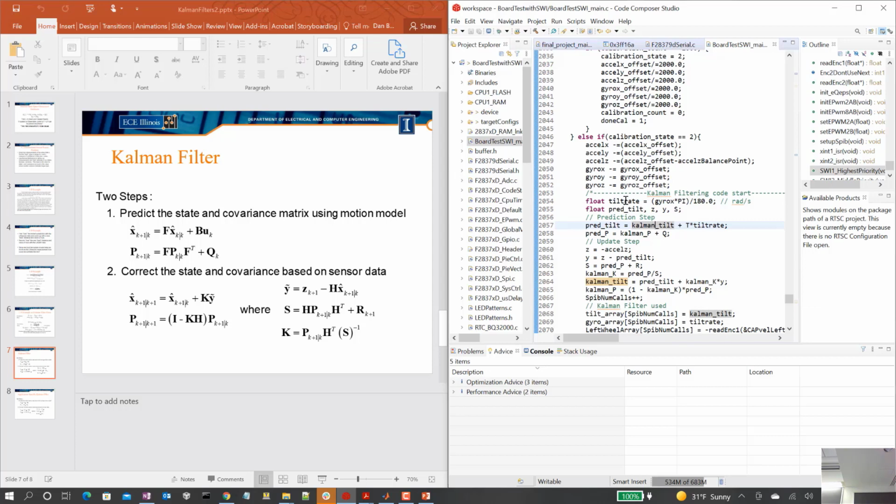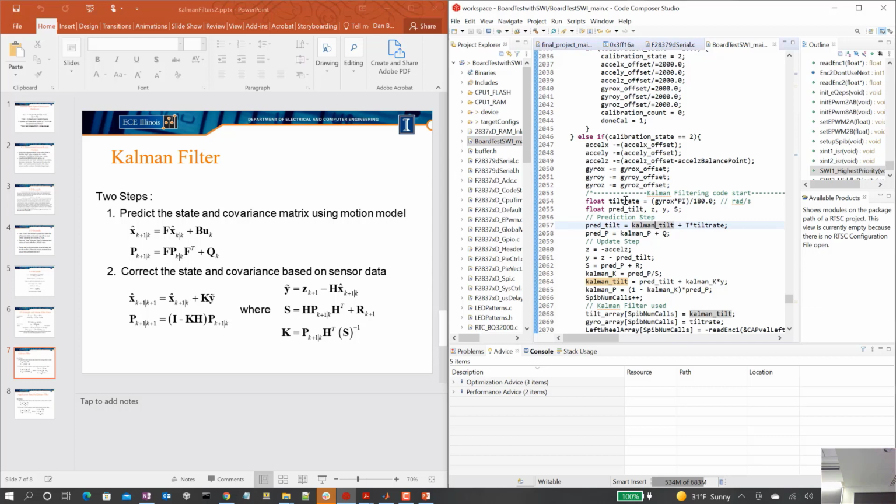Then also my covariance, again, just a scalar. This isn't a matrix, is it? That's what's really nice about this: just one sensor reading, one state, the tilt. It is my Q plus my previous Kalman P, my previous covariance. And then this is my new predicted covariance.